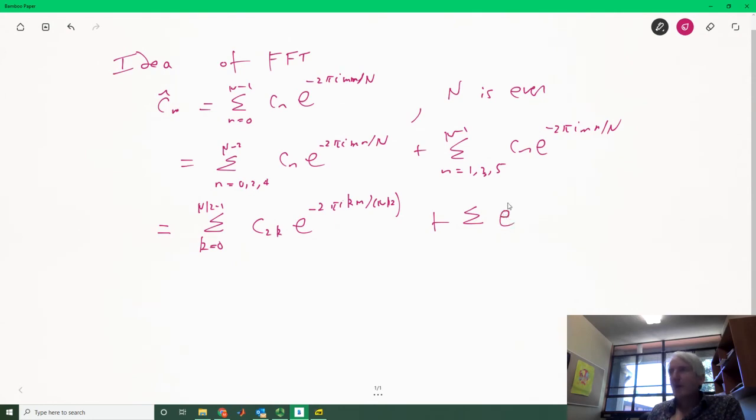We've got to pull a factor out, which is just a constant factor, e to the minus 2 pi i m over N. And then this is the sum from k equals 0 to N over 2 minus 1 of c of 2k plus 1. So it's every second point here, but it's still just another Fourier transform. So these are just two Fourier transforms of half the length.